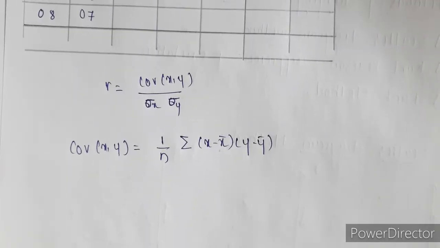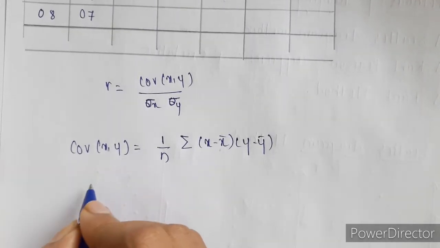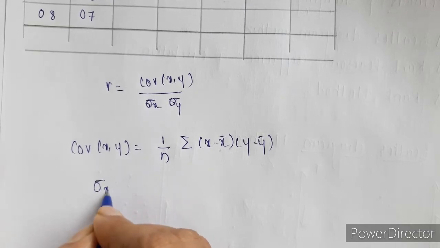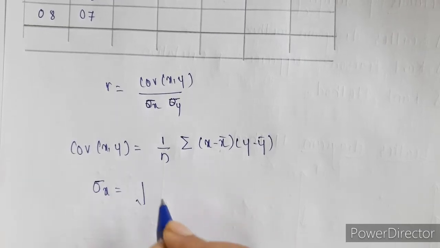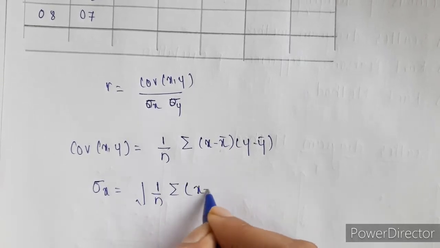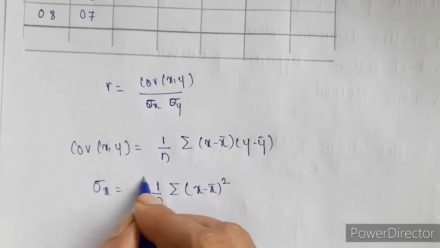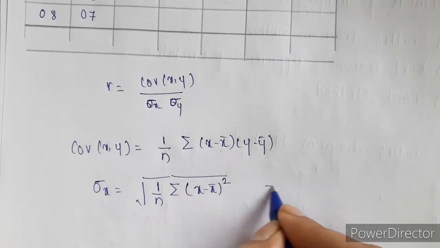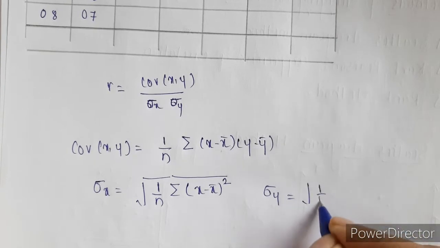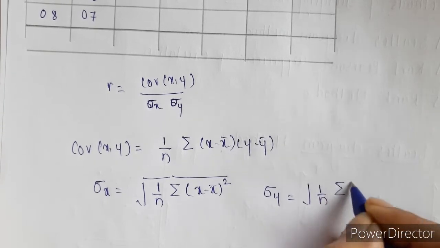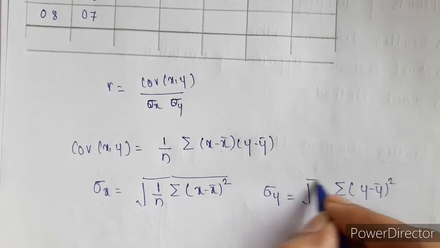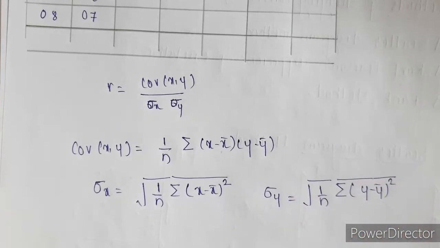Next, sigma x, the standard deviation, is given as root of 1 upon n summation of squares of deviation. Similarly for y, that is root of 1 upon n summation of squares of deviations of variable y.